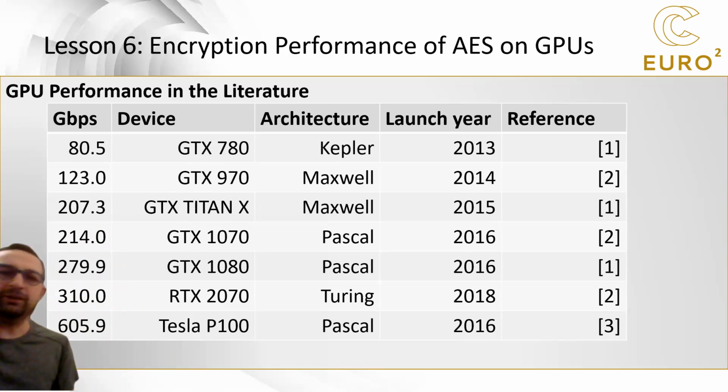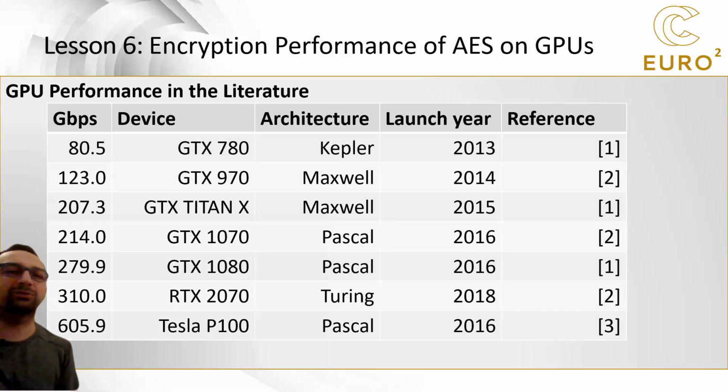Also, in all of these papers, they say that they are 10 times, 20 times, or 30 times faster than CPU. This is also not correct, because if you simply perform a C implementation on a CPU and then compare it with your CUDA implementation, you can only say that your implementation is like 20 times faster than the C implementation, but not the best performance of that CPU.